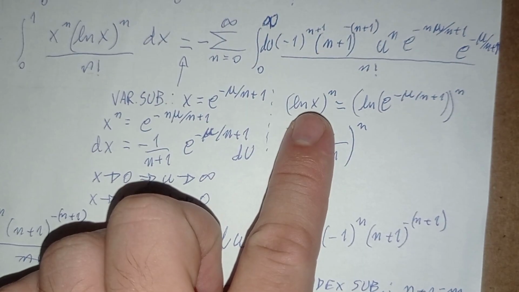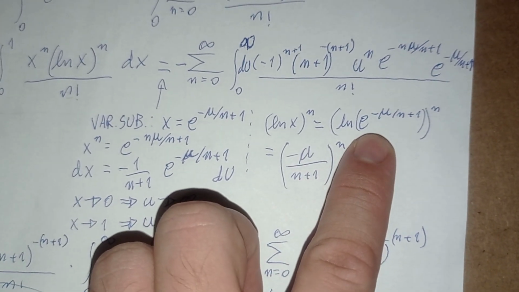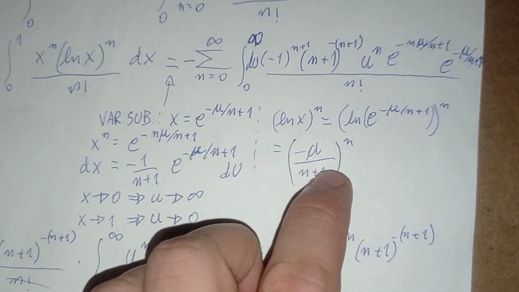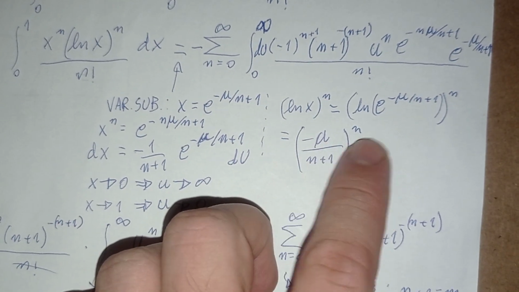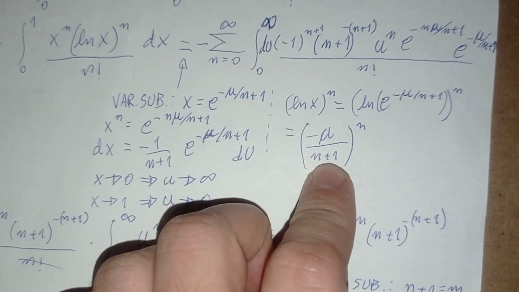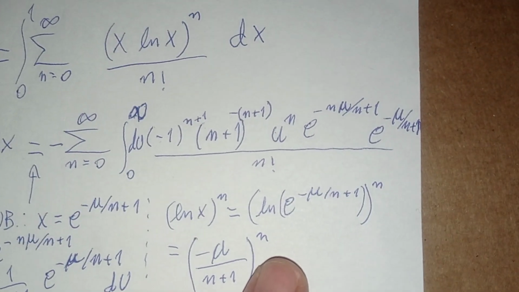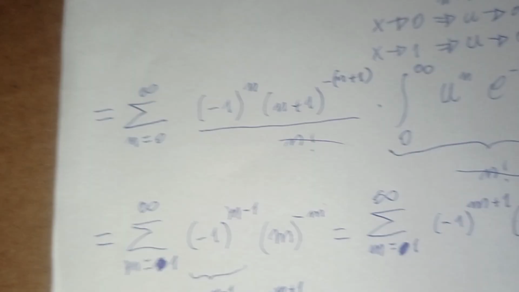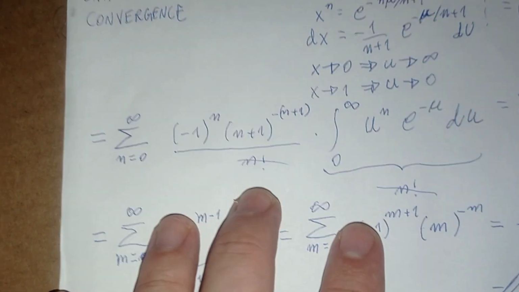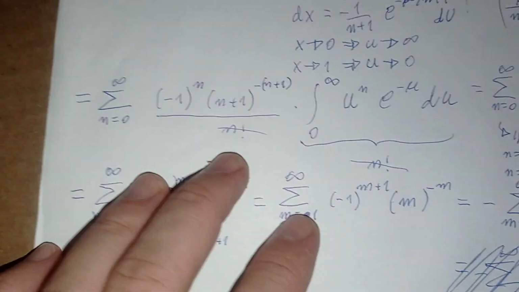And ln of x to the n is the ln of an exponential, which is the argument to the n. So it is minus u to the n divided by n plus 1 to the n. We collect all those terms and we go to the next step, which is getting the similars together.